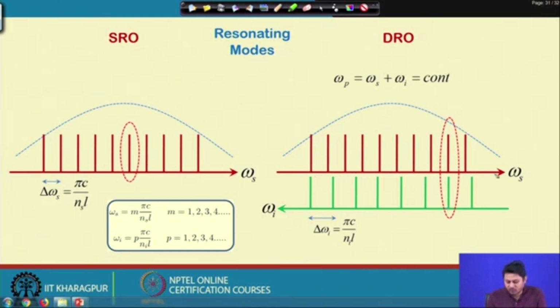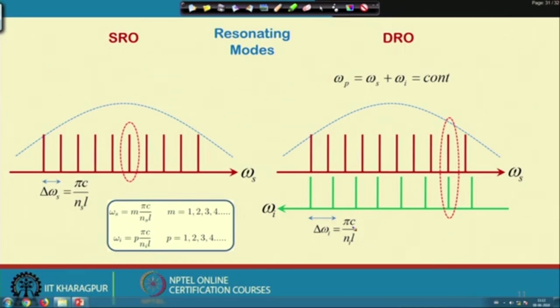In this case, omega s is increasing, and in this case omega i is increasing. Why is it so? Because if I increase omega s, omega i has to be reduced, so that the summation of these two becomes constant. So, if this is in the forward direction, it is in the backward direction, it is reducing, and the frequency spacing is also represented here, which is pi c divided by nl.